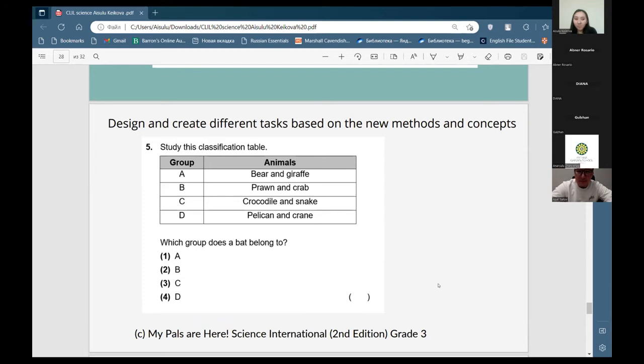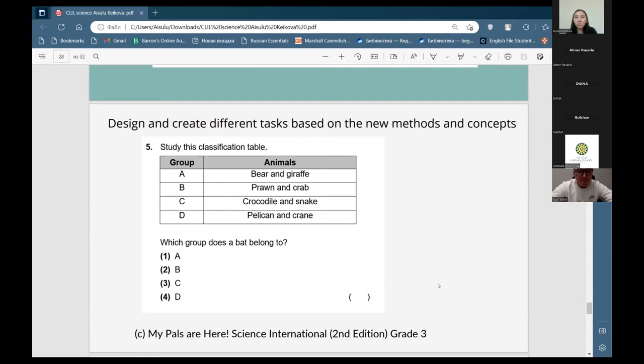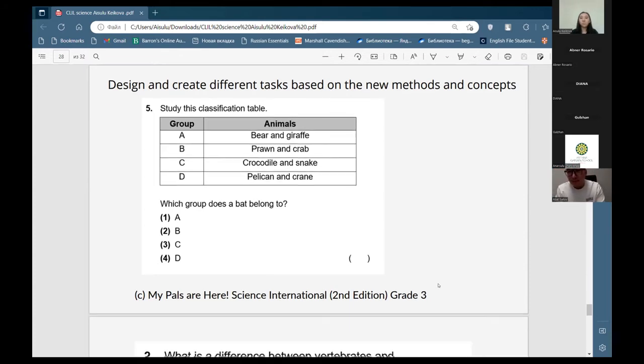So we make sure that they know something at the primary level, what is animal, and what is the difference from human, from animal. And then we can extend their knowledge, showing like experiment, or maybe classifying the animal.